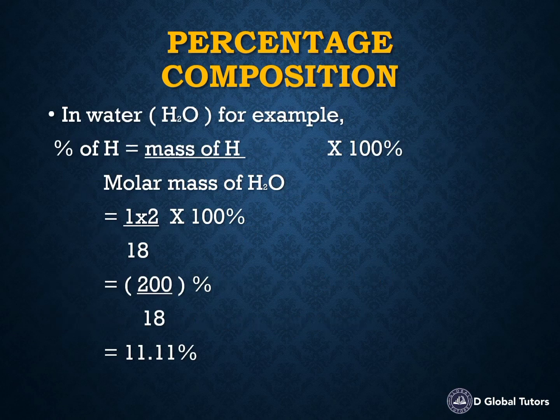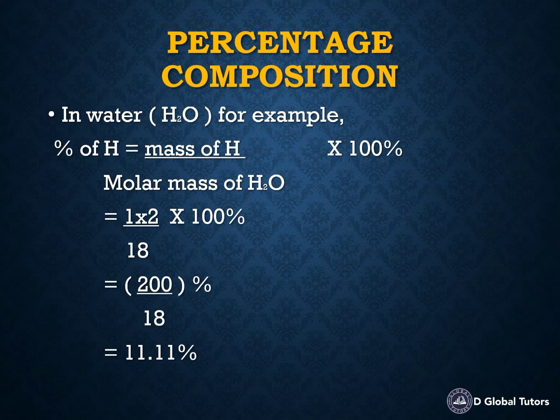Let's see. We want to calculate the percentage of hydrogen in H2O. So how do we do that? The mass of hydrogen over the molar mass of water, H2O, times 100%. So in H2O, we have 2 atoms of hydrogen. So we have 1 times 2 over the molar mass of H2O, which is 18.